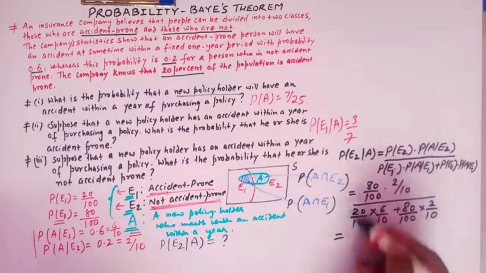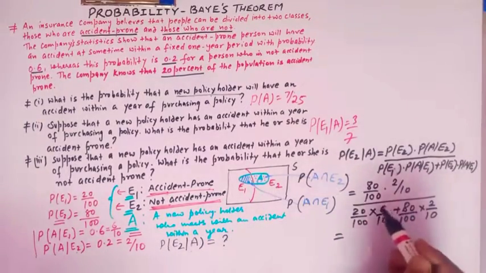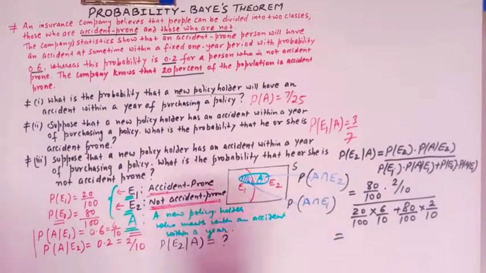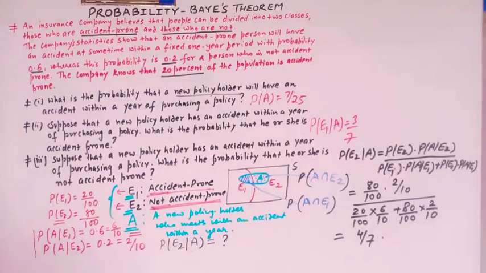Solving this expression as we did in the previous problem, we get 4 over 7.